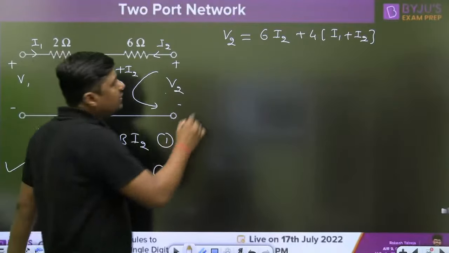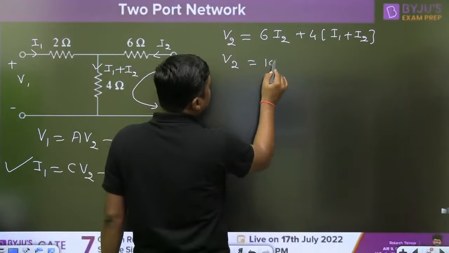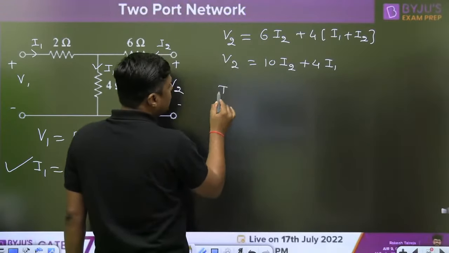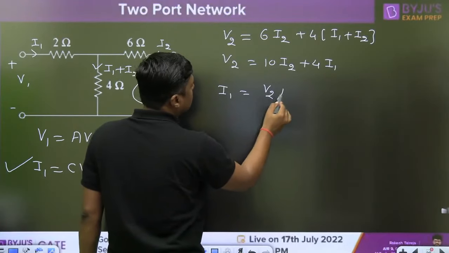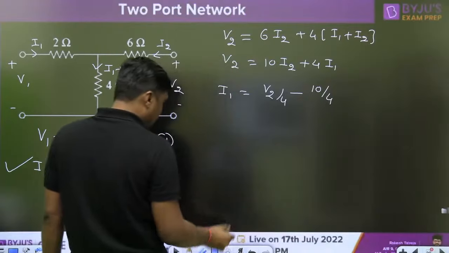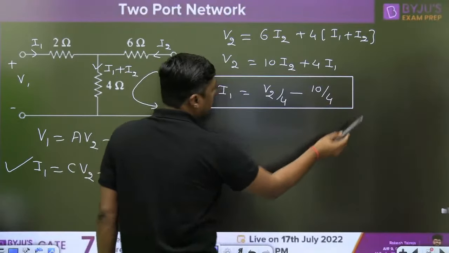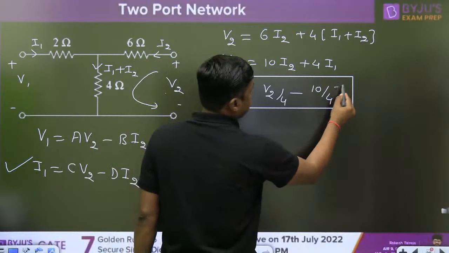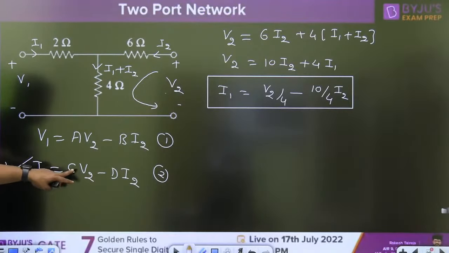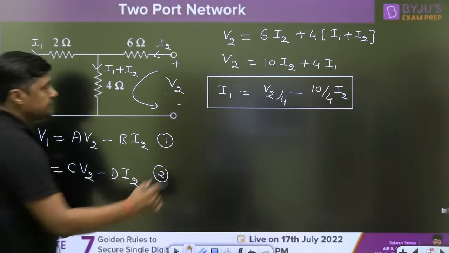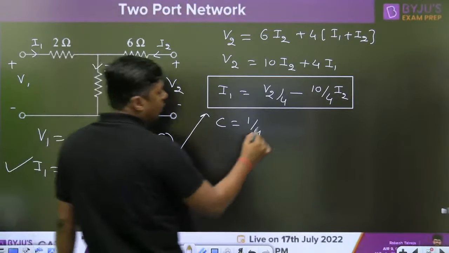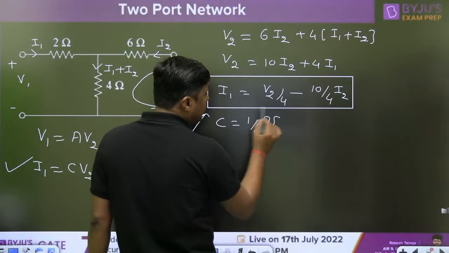When I apply the KVL, it becomes V2 is equal to 10 times I2 plus 4 I1. So I1 is equal to V2 by 4 minus 10 by 4 I2. Directly you can compare with this and you get C. C is equal to 1 by 4. Compare these two equations: C is equal to 1 by 4. Remember the unit is mho.